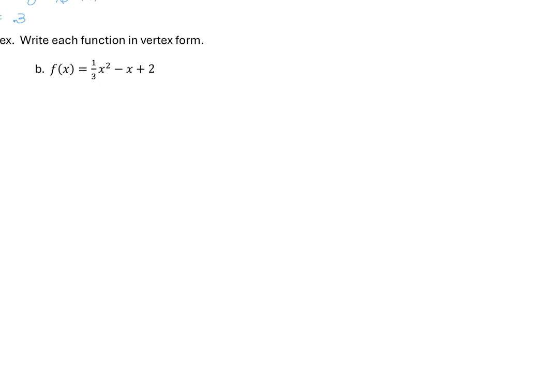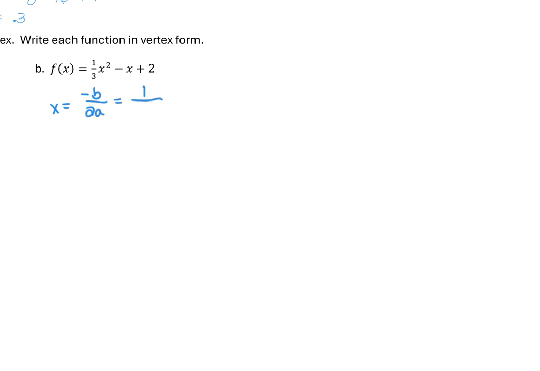All right, for our last example, we have f of x equals 1/3 x squared minus x plus 2. The first thing that we want to do is find our vertex. We get negative b over 2a.